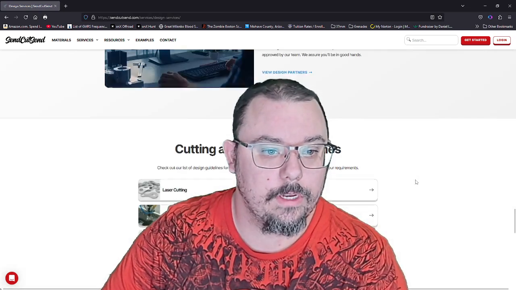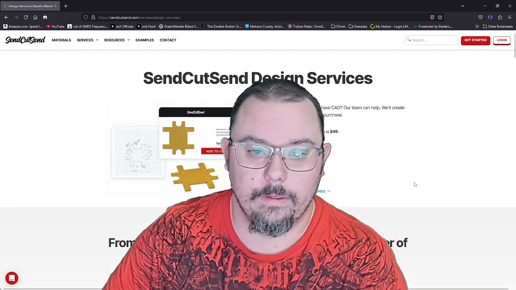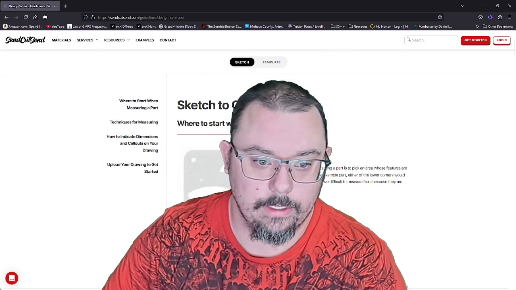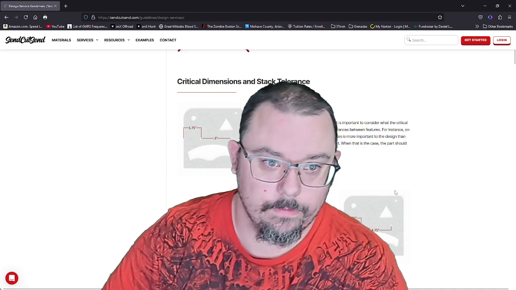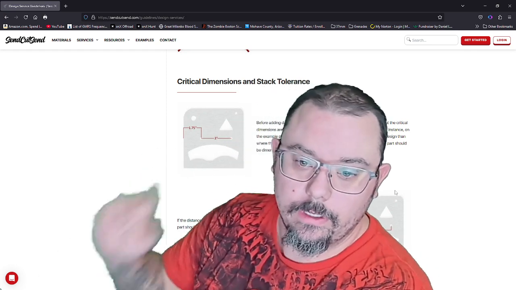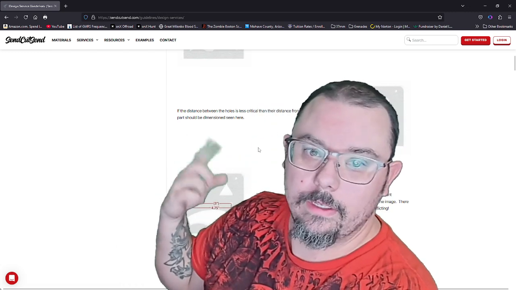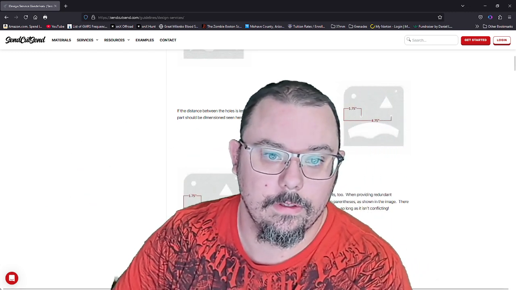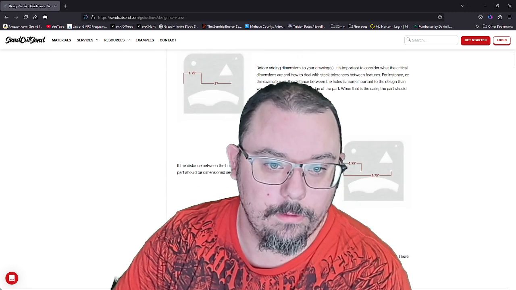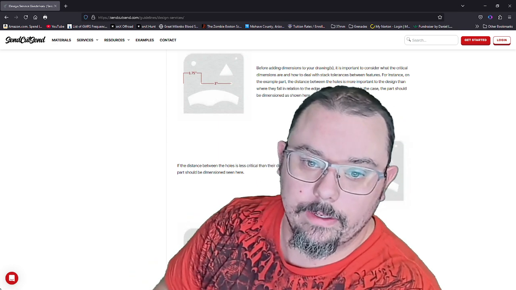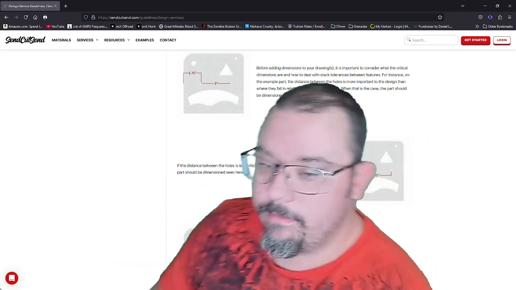Let's see. They had a whole picture lineup. Oh man. Services guidelines. Yeah. Measure to measure. If the distance between the holes is less critical than their distance from the edge of the part, it should be seen as here.